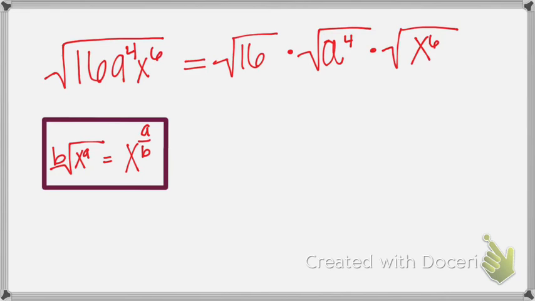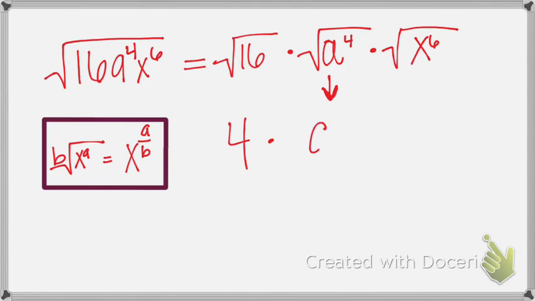Now, if you have a root and there's no number on that root, what kind of root are you taking? A square root, right? So the first one is easy. What's the square root of 16? 4. Now I want to change this to have an exponent using what I have boxed.